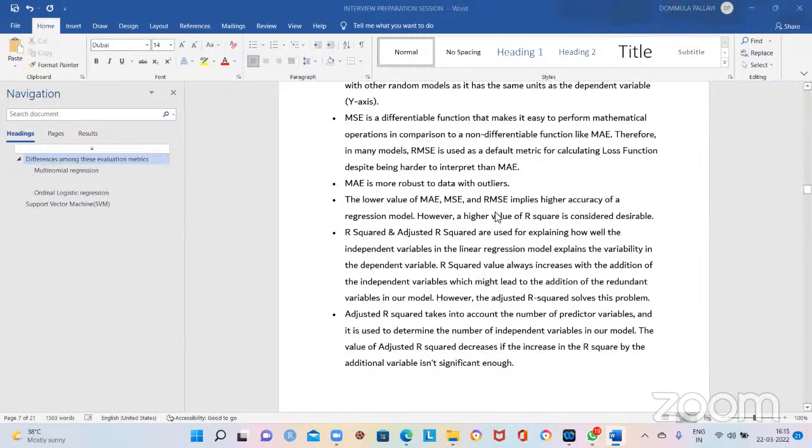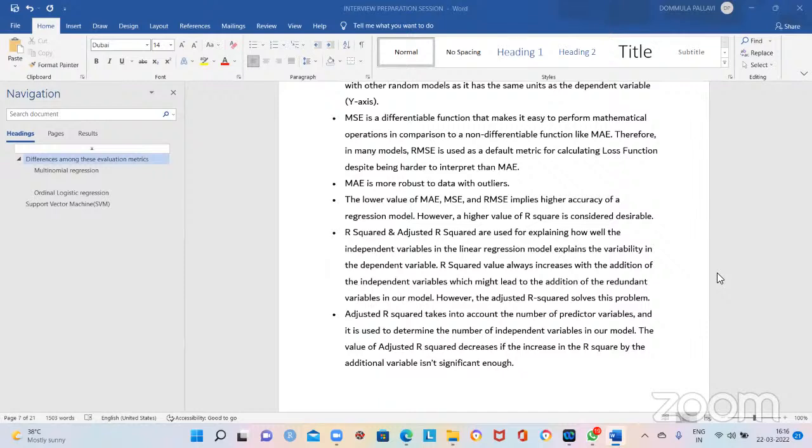So here I have mentioned a few points also. MAE is more robust to data with outliers. The lower value of MAE, MSE, and RMSE implies higher accuracy of a regression model.